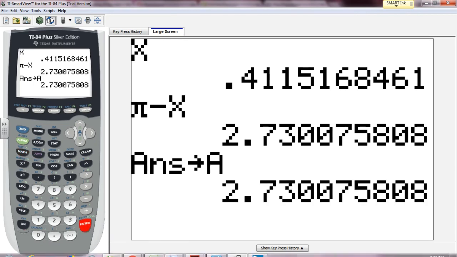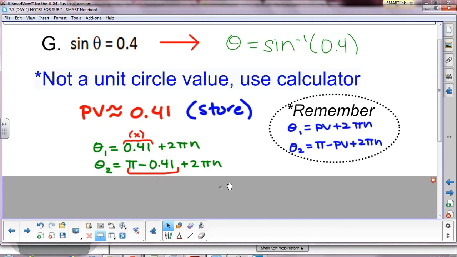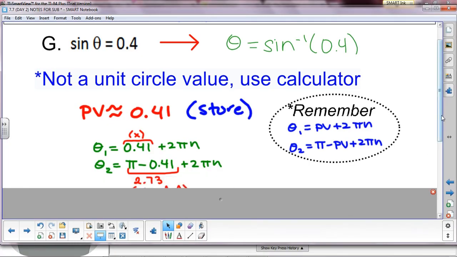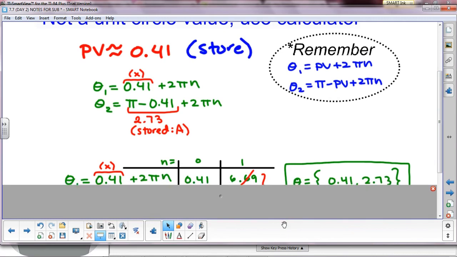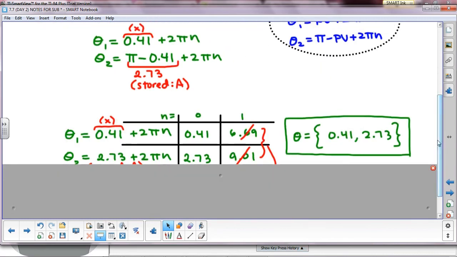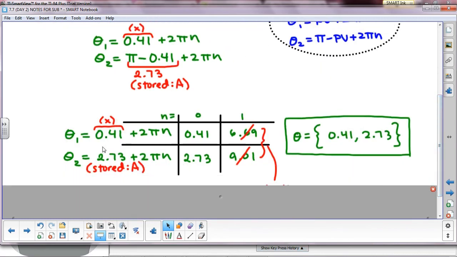So now your two solutions, that's 2.73. So now your two solutions are 0.41 plus 2 pi n and 2.73 plus 2 pi n. Again, we got the 2.73 from pi minus 0.41, and then we store that as a.